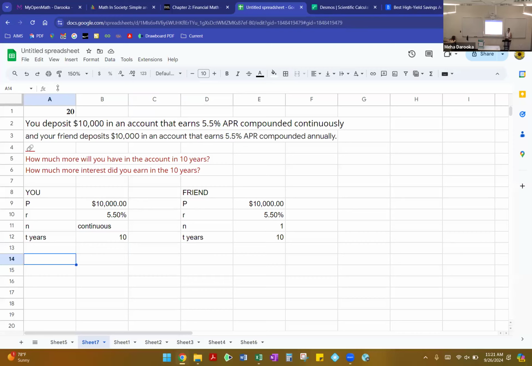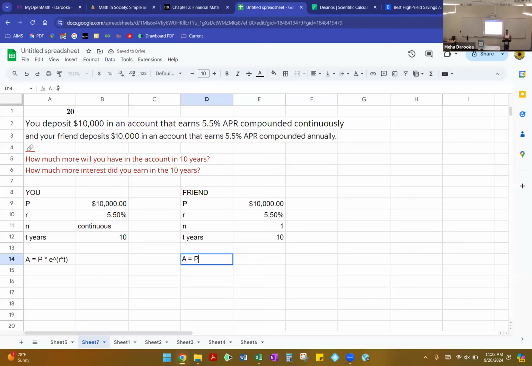Again, you can use the formula or the built-in function for the annual. For the continuous, we have only one option: A equals P times E to the power of R times T. We don't have any other option for continuous compounding, so be careful.